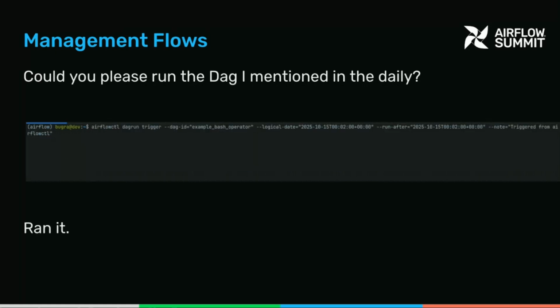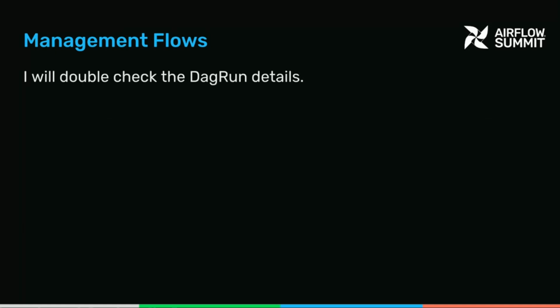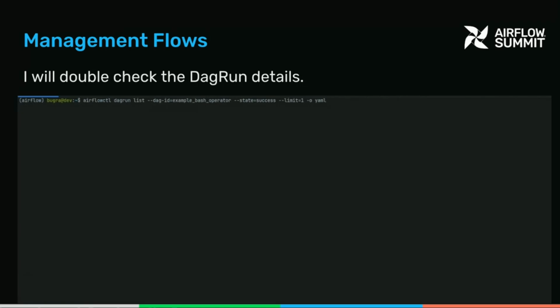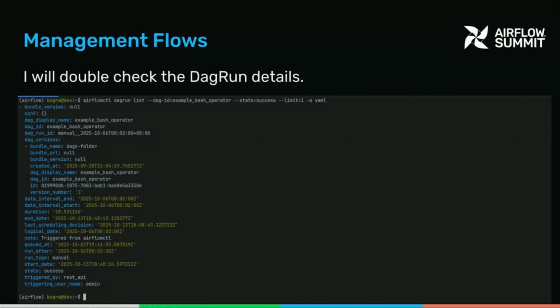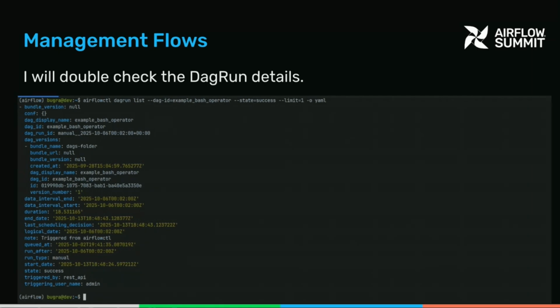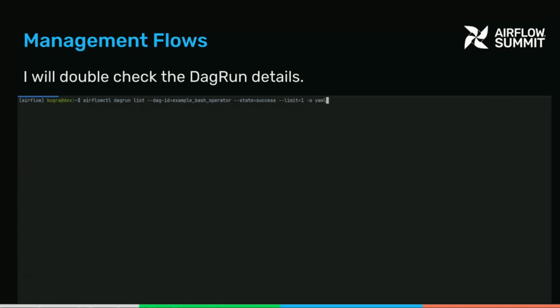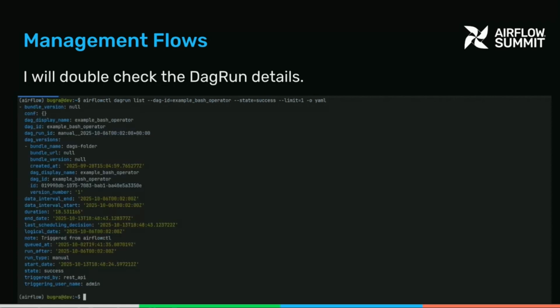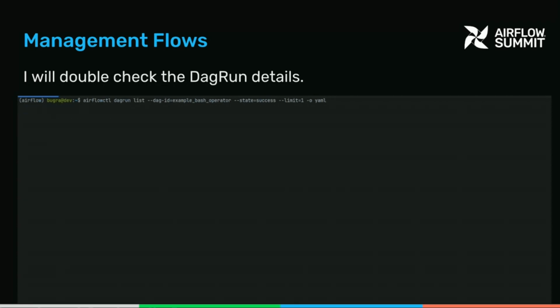Okay, I ran it, that's it. And of course, you can check the DAG run details with dagrun list and dagrun get, and you can include filters as long as our API provides them. We are also working on improving filters, so those will be reflected in Airflow CTL as a next step.